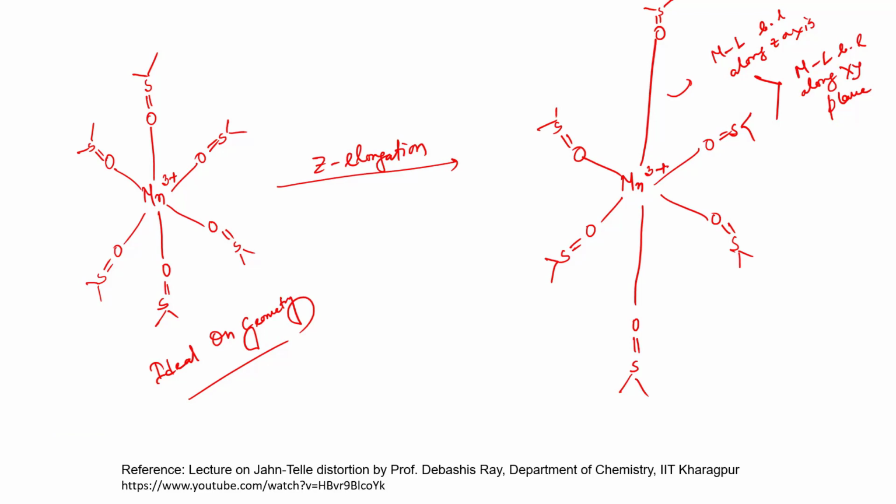Now this elongated bond length along the z-axis will have an effect on the SO system. So there are two different SO systems now in the molecule, one along the z-axis and one along the xy plane. The number of DMSO ligands is 2 along the z-axis and the number of DMSO ligands is 4 along the xy plane.